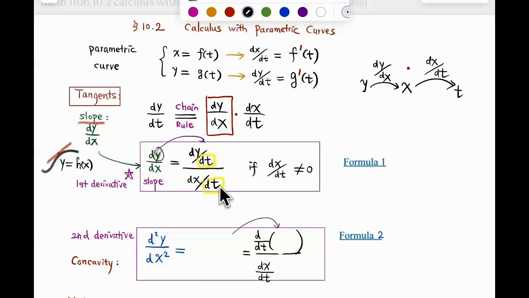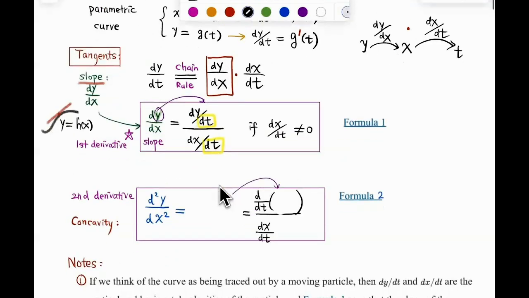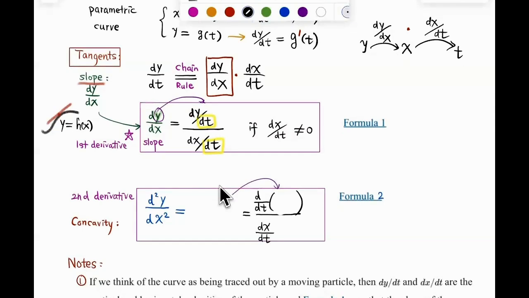Now, what about the second derivative? This is the first derivative. Remember, the second derivative tells you concavity, right? Sometimes we want to look at the second derivative to see the concavity. Do you remember concavity? If the second derivative is positive, then the curve is going to be concave up.